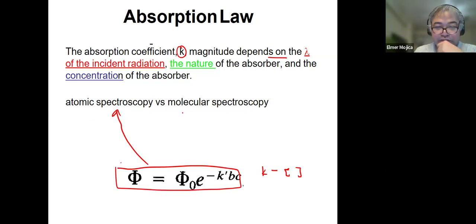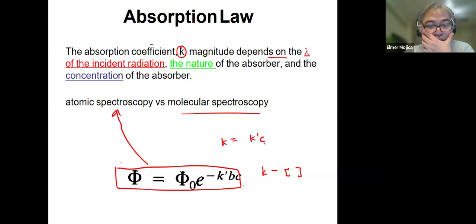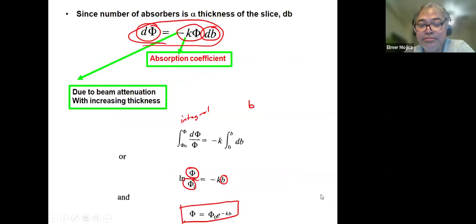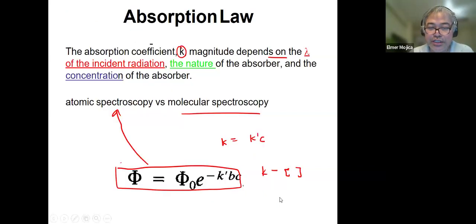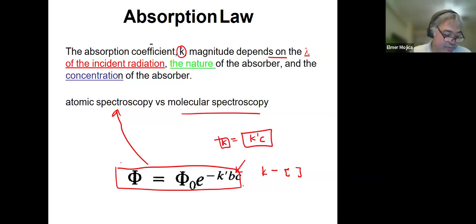In molecular spectroscopy, it is common to state explicitly the concentration dependence of the absorption coefficient by expressing K as equal to K prime C. So atomic spectroscopy is the one without the prime, but for the molecular one, the equation becomes this one, with an extra concentration term.